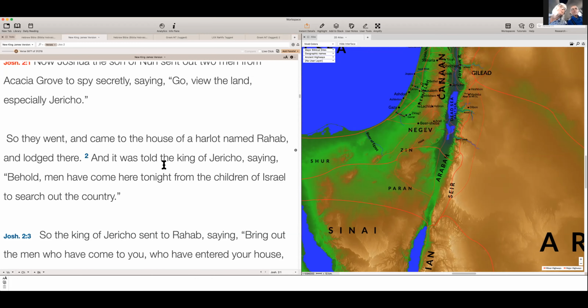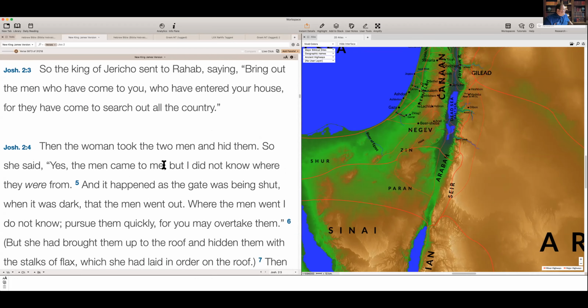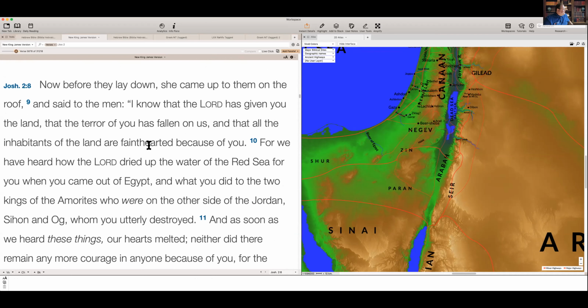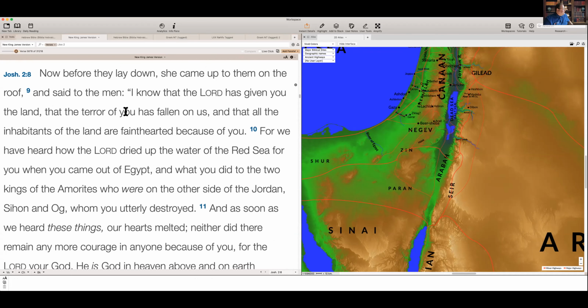So they go, here they encounter Rahab, and Rahab says to them, Joshua 2:9, I know that the Lord has given you the land, that the terror of you has fallen on us, and that all the inhabitants of the land are fainthearted because of you.